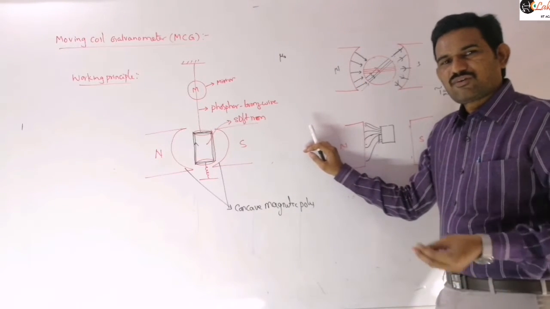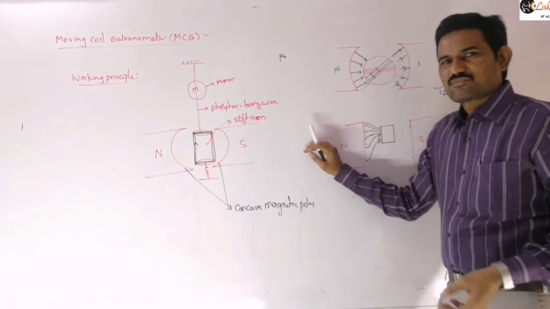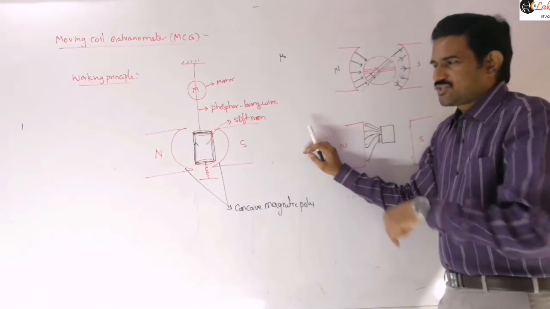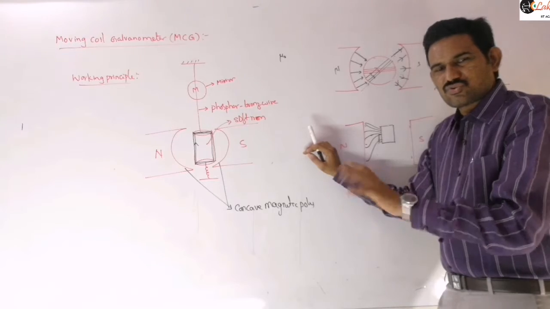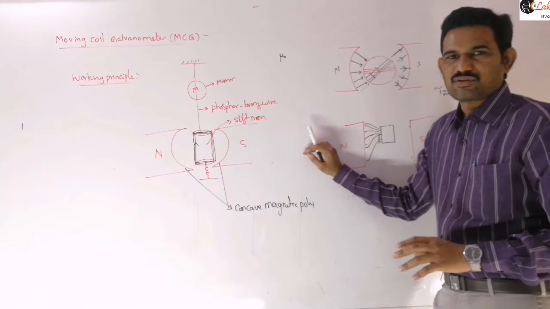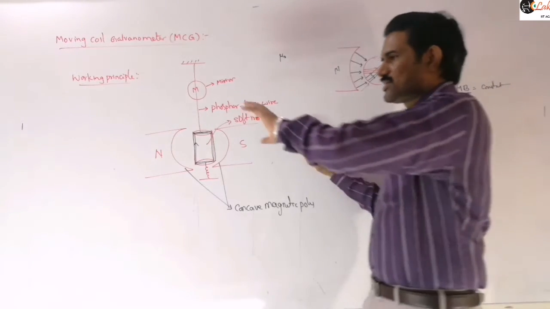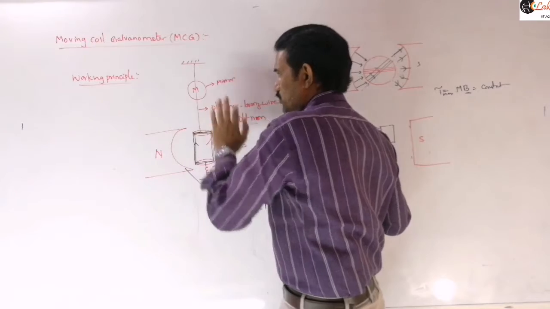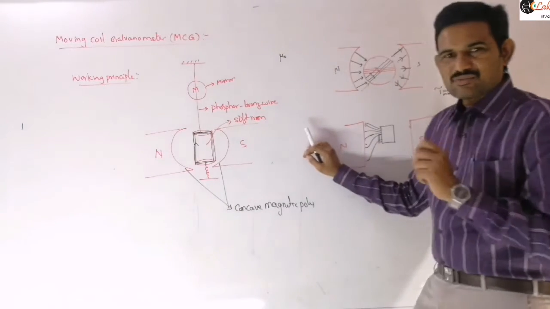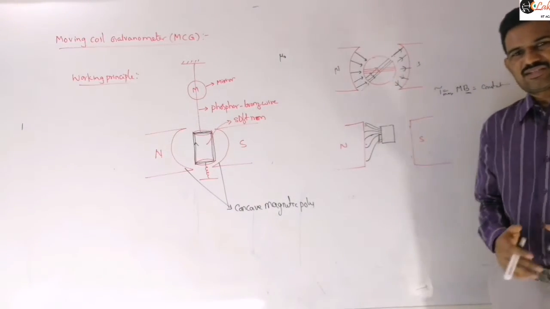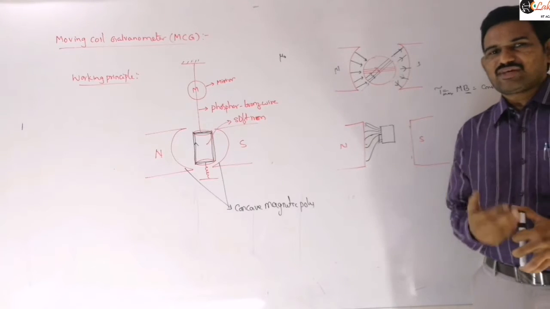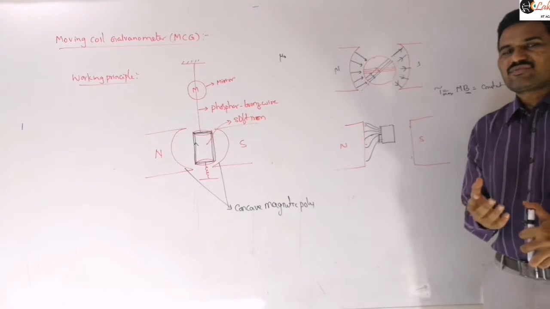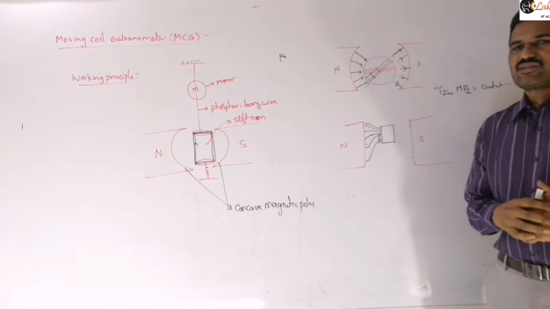Suppose after 1 month, 6 months or 1 year of construction of the device, if elongation is produced in this wire, then the position of the coil will change and the total experimental setup will be disturbed. So the elongation produced in this wire must be as minimum as possible, or negligible. That means its Young's modulus should be very high. If Young's modulus is very high, then the elongation produced is very small.